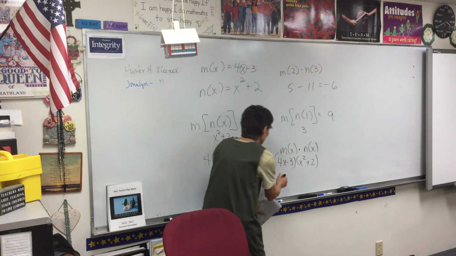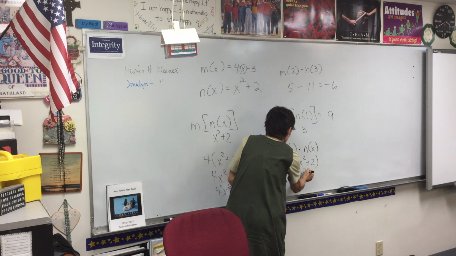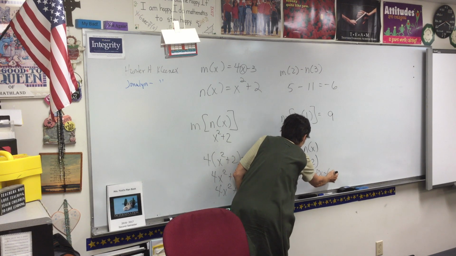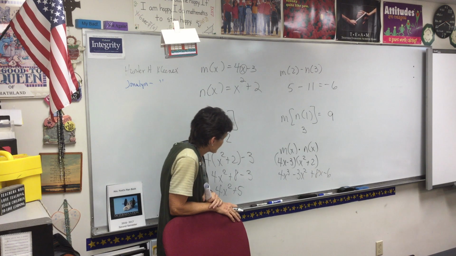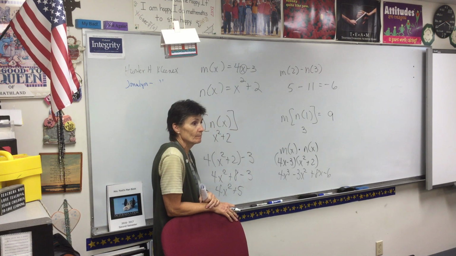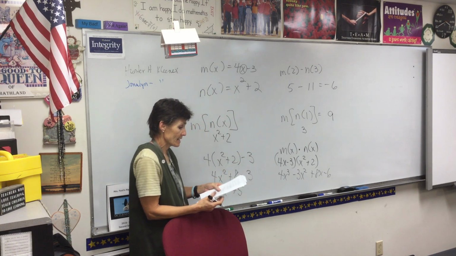So this is going to be a FOIL. So 4x cubed minus 3x squared plus 8x minus 6. I think that actually came out in descending order, so I think I'm good. And again, don't do anything. Don't try to factor or do anything weird. Just stop. That's the answer.